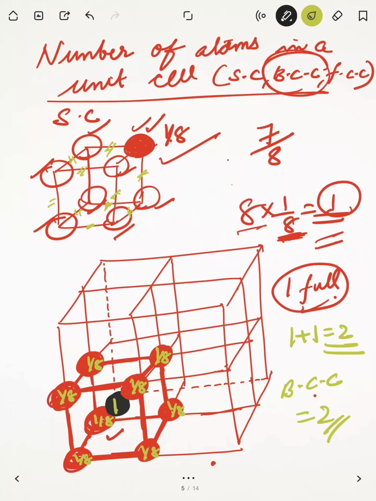Now, what about FCC? For FCC, corner atoms are there, but the center one, I am going to remove.